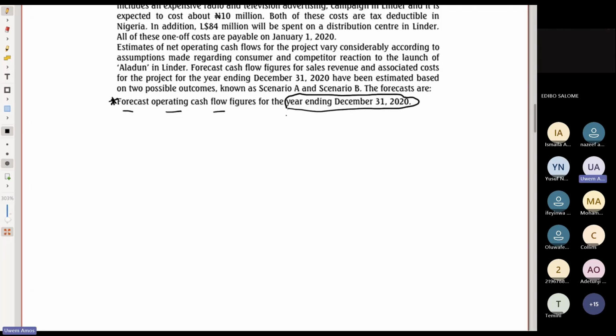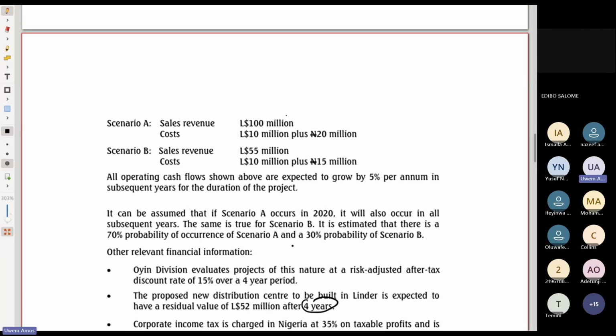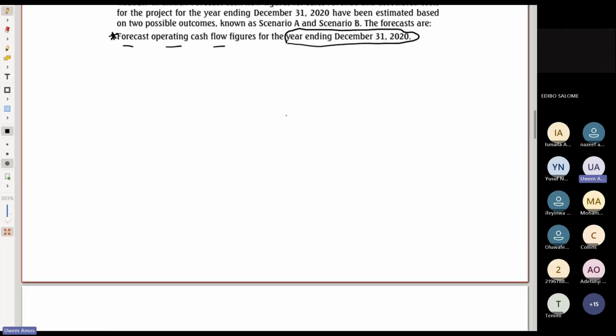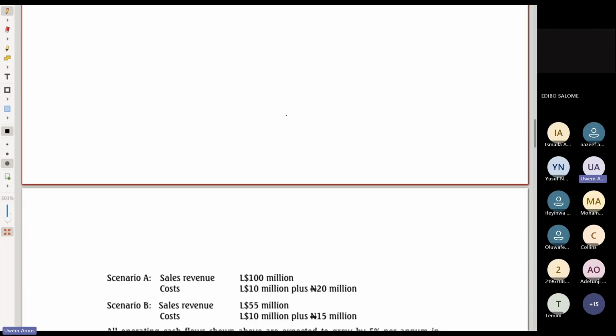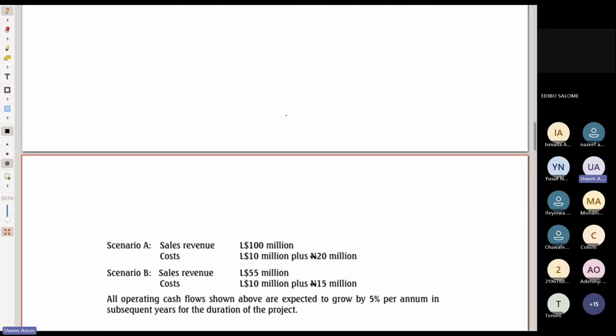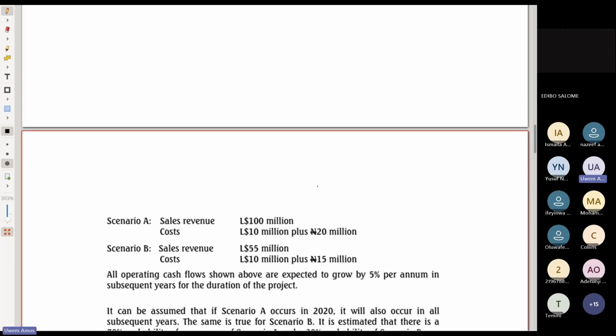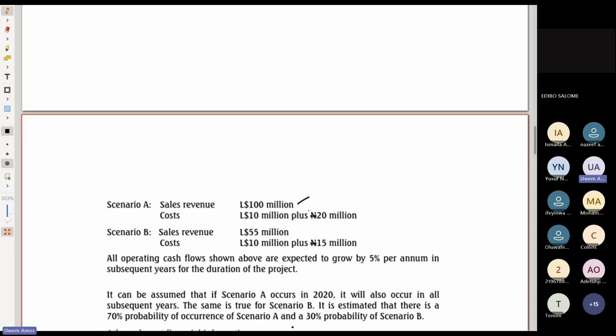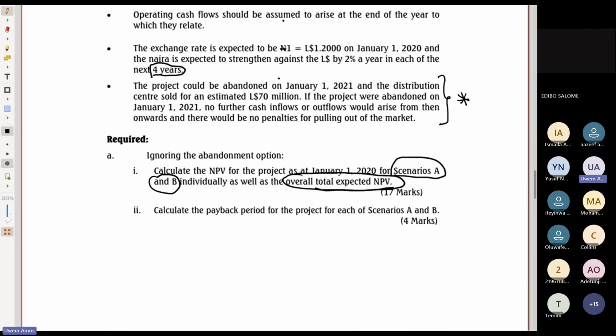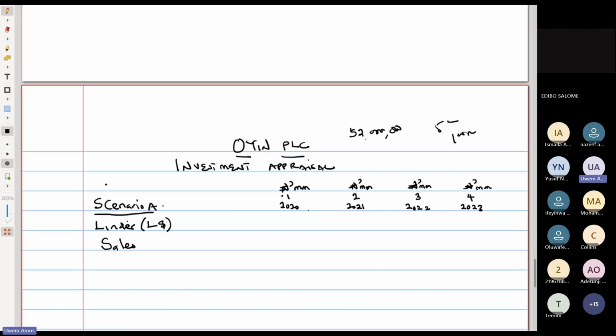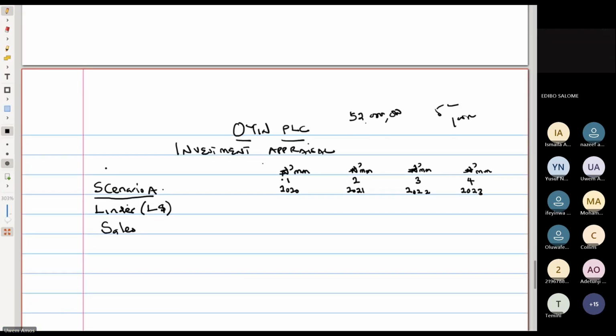Our first year is 2020, so our sales for our first year is 100 million. That one is pretty straightforward, because those values were given to us at the end of the year, after December 31st, 2020.